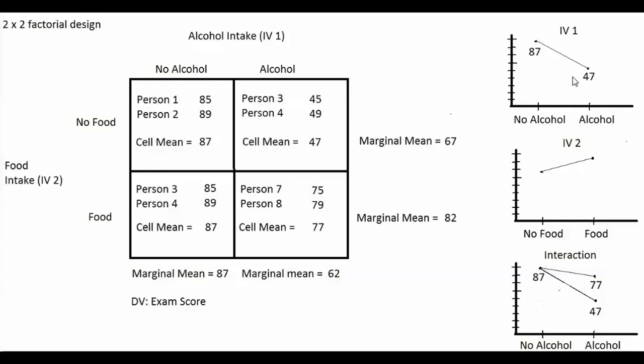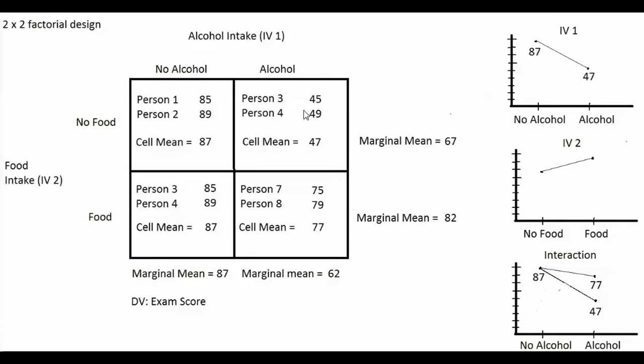Up here we can look at the main effects. We see that the 2 column means are different, so there is a main effect of alcohol intake. The mean of the 4 people who had alcohol is lower than the mean of the 4 people who didn't have alcohol. We also see a main effect of IV2, in which the mean of the 4 people who had no food is lower than the mean of the 4 people who did have food.